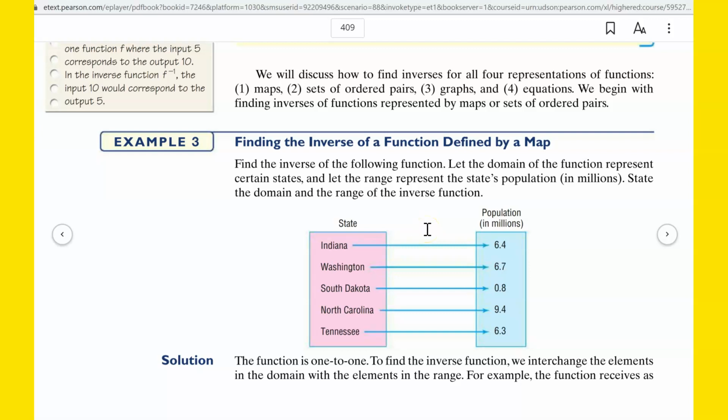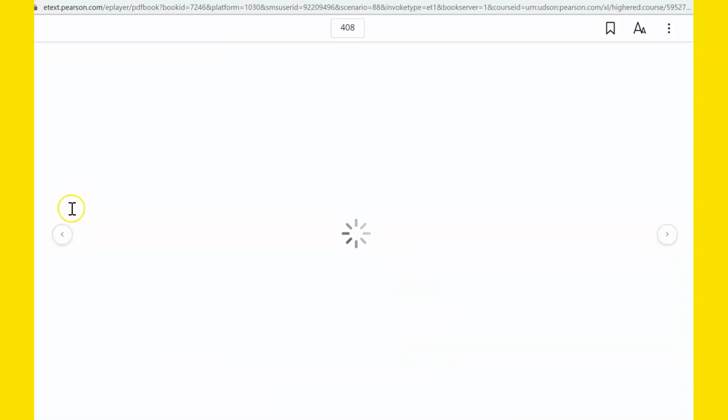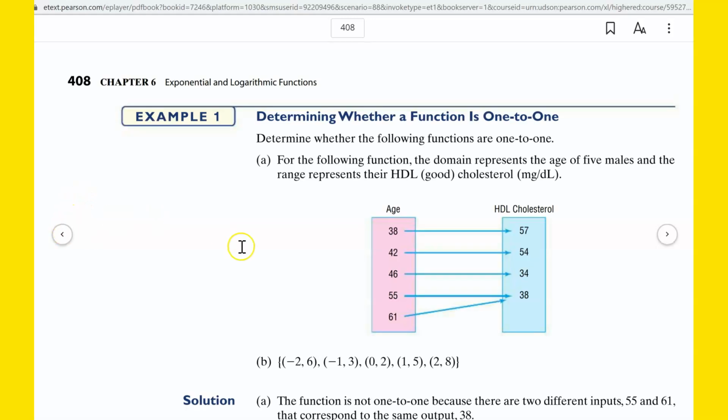So now let me say again, only one-to-one functions have inverses that are also functions. The reason for that, let's go back to one that was not one-to-one, and I can show you. This is a function, right? But it's not a one-to-one function.